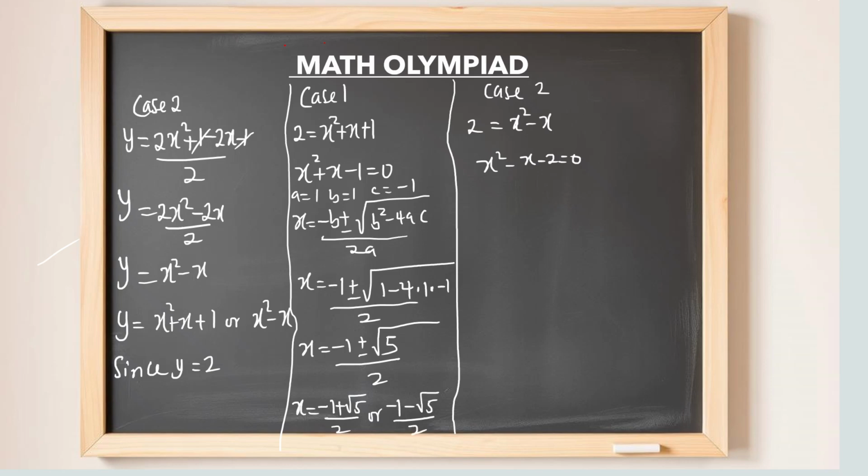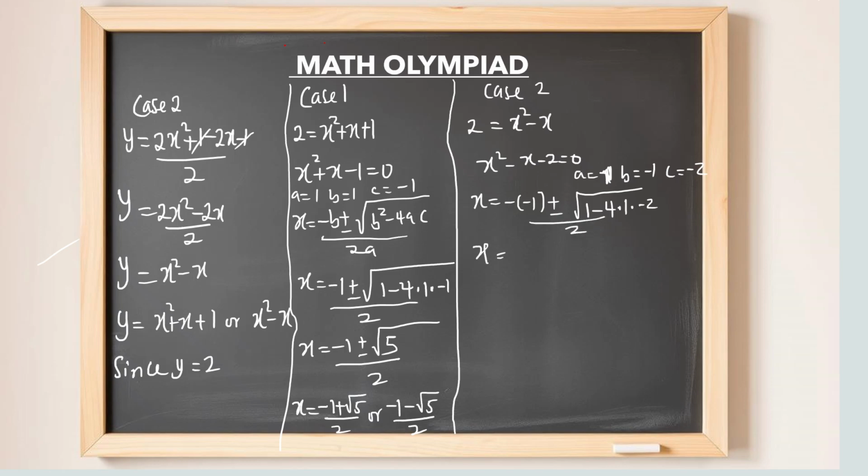In the other case, you can make this easy using factorization, but let's use the quadratic formula too. Here a is 1, b is negative 1, and c is negative 2. So x equals minus b, which is 1, plus or minus root b squared, which is 1, minus 4 times 1 times negative 2, all over 2.